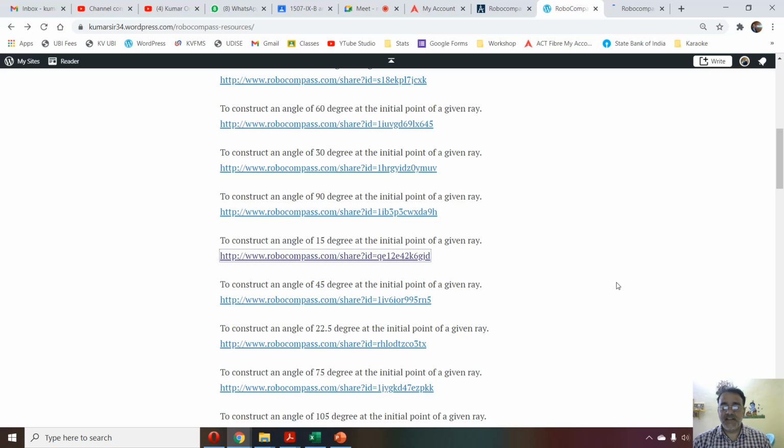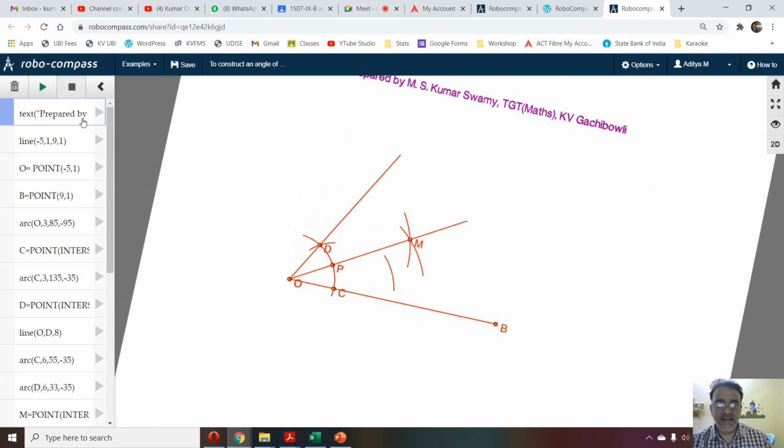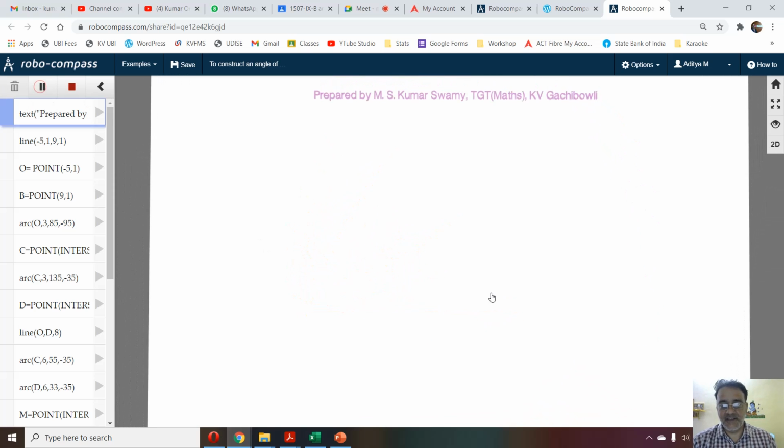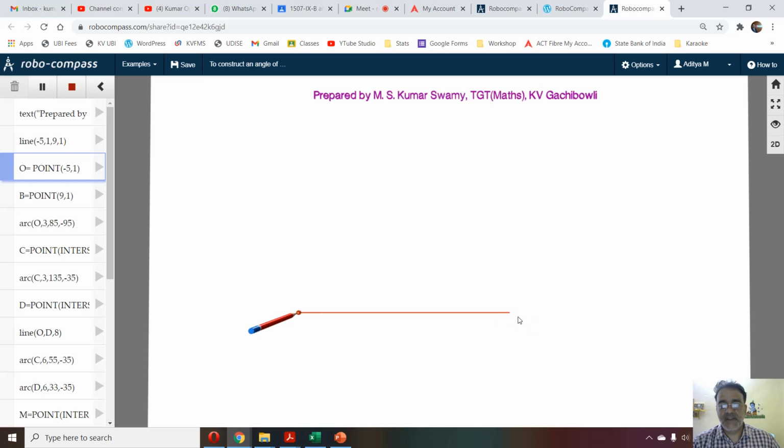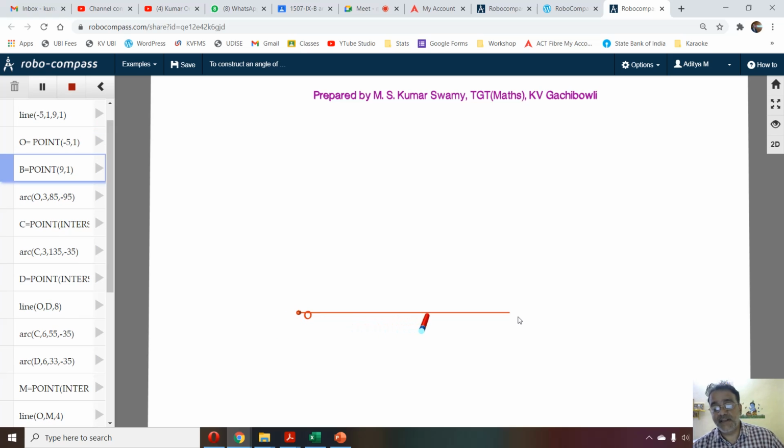Okay, right. So now we are moving towards the next one, 15 degree. 15 degree, how will you draw? First you have to draw 60 degree, then half of 60 is 30, then half of 30 is 15, right? So first we will draw the line segment using ruler. First you have to draw 60, then the angle bisector of 60, right? तो ये point O ले रहे हैं और ये वाला point B. After drawing 30 degree, again we will draw the angle bisector.